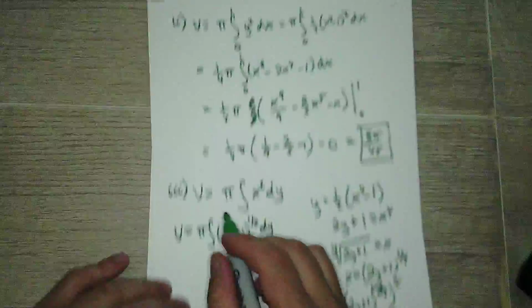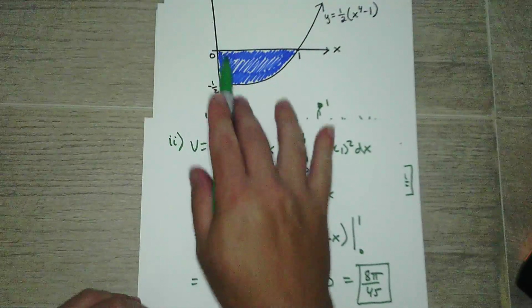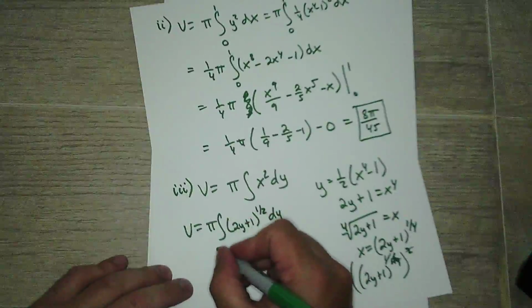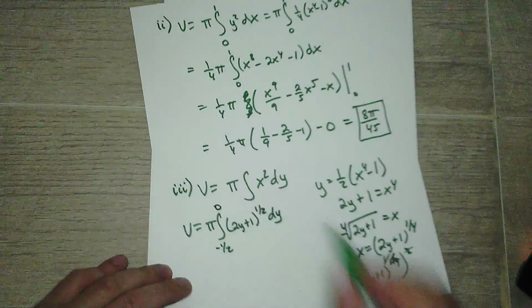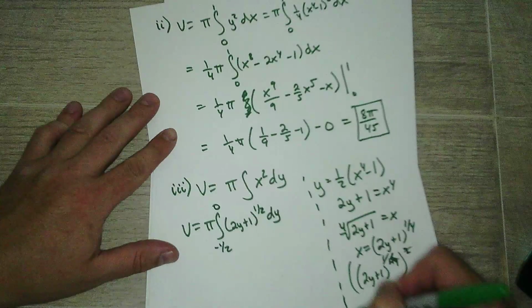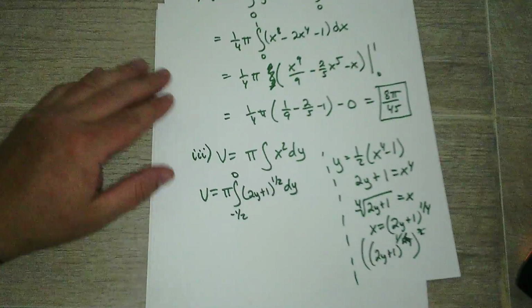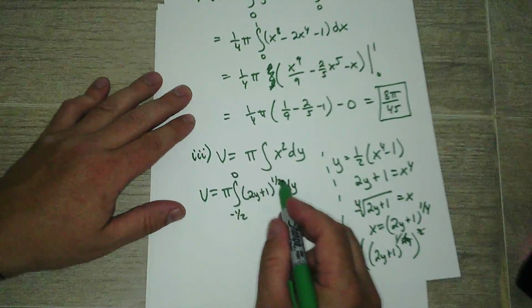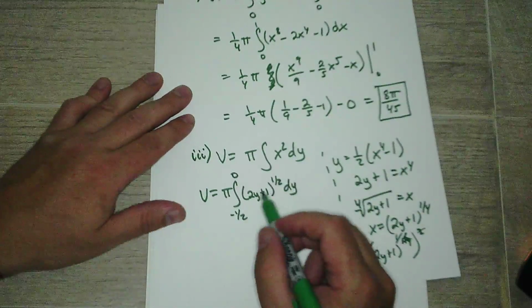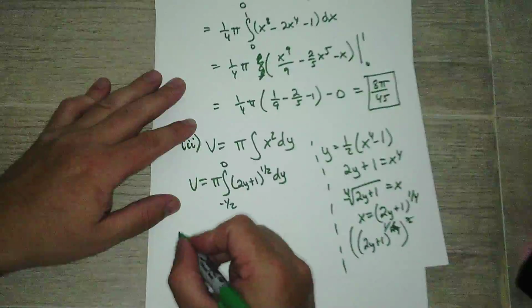And my limits of integration, because we're going in y now, are negative 1/2 to 0. So integrate that. We can't expand this out like we did up here because it's to a 1/2. So you have to use the integration for the chain rule.